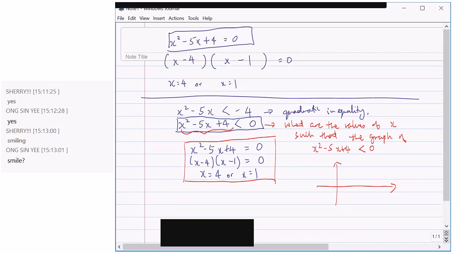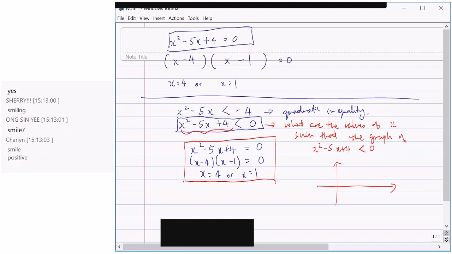Why smiling, Sherry? Because what is positive? The x squared coefficient, the a. It is a positive 1. So that tells me it is a smiling curve. So I know it must be something like this, smiling. Can you tell me what are the 2 x-intercepts?